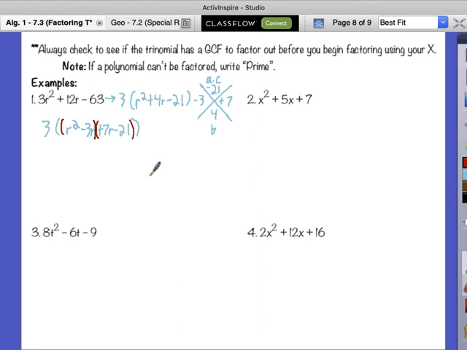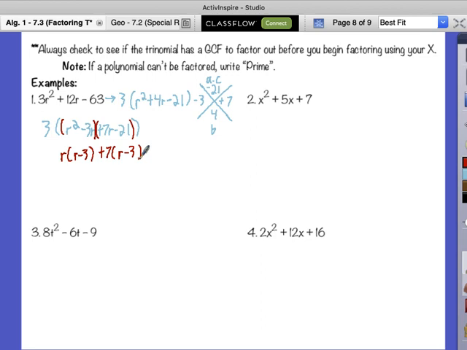Okay? So now, what's our GCF of r squared minus 3r? R. And we're left with r minus 3 inside. What's our GCF of 7r minus 91? 7. And we're left with r minus 3. We have the same thing inside the parentheses?